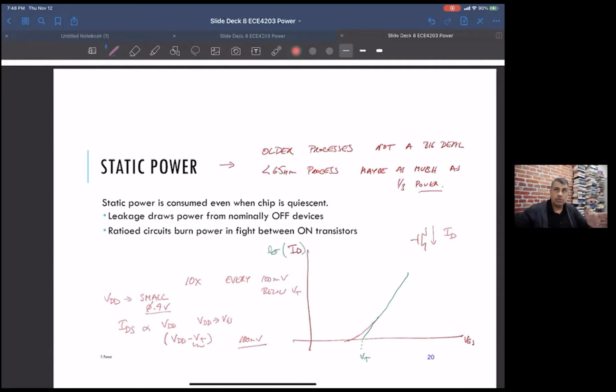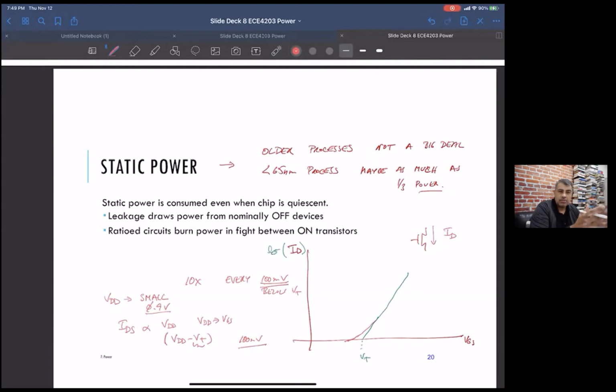Because when your threshold voltage is at 500 millivolts, your 0 gate voltage is 5 of these 100 millivolt steps below the threshold value. That means you have 10 to the minus 5 less leakage current than if you were only one 100 millivolt increment below your threshold value. Does that make sense?